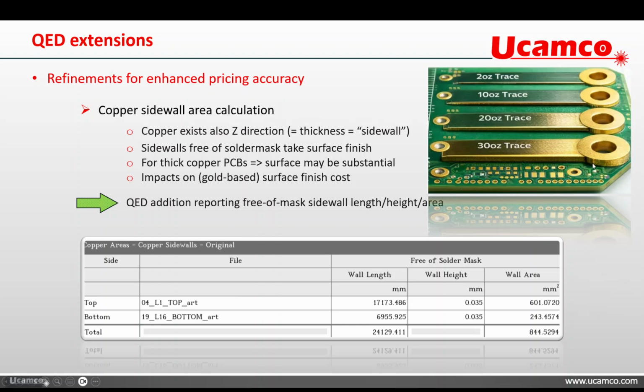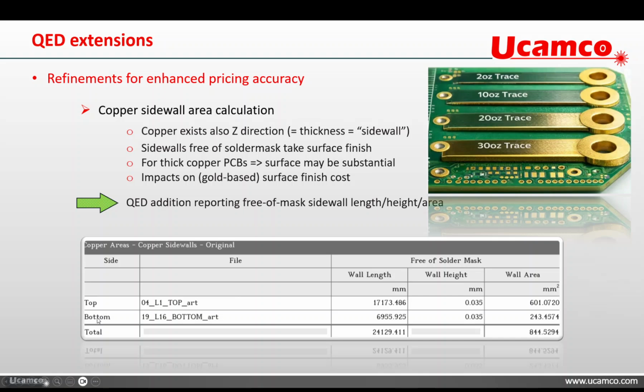As you can see here in this picture, the amount of free of solder mask copper area can become quite important. And so what we have done is for each run that you do, in the same area where you will find the QED free of copper surface area calculation, there is now also associated to this particular part here the copper areas, copper sidewall.